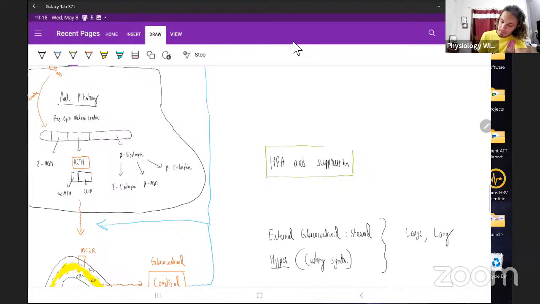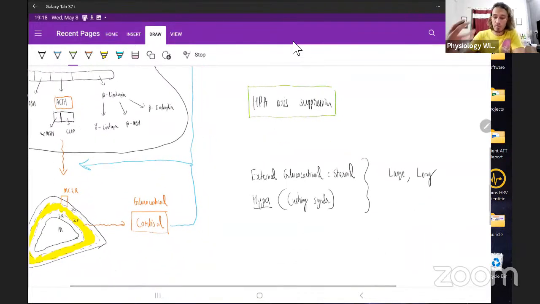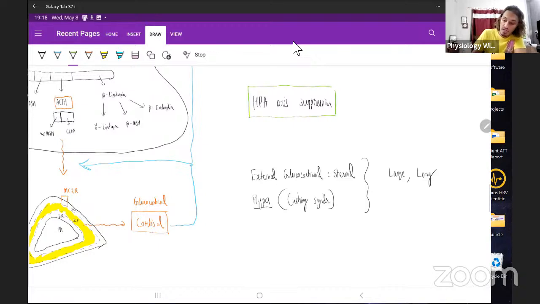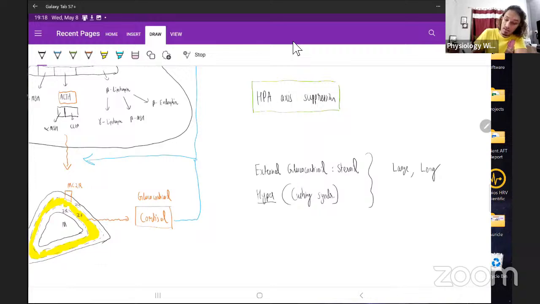So why is this important clinically? When you give external glucocorticoids for a long time, provided you give a large and long dose, it can take somewhere between 6 to 10 months even for recovery. So what is the problem?